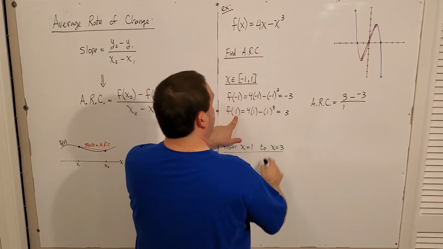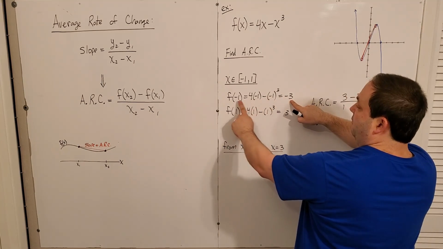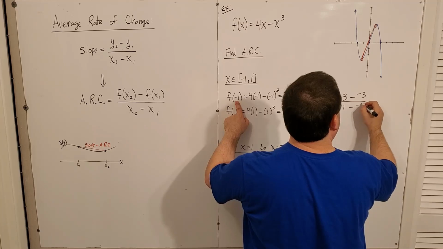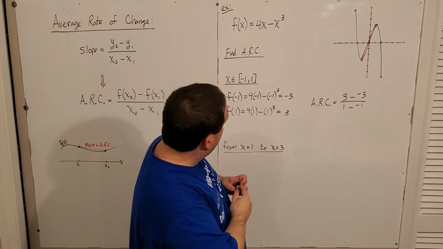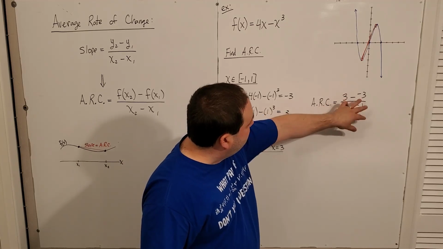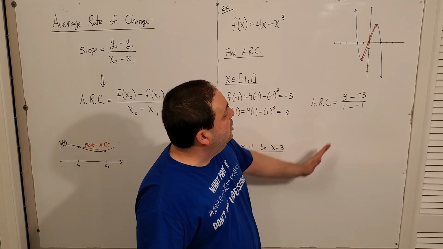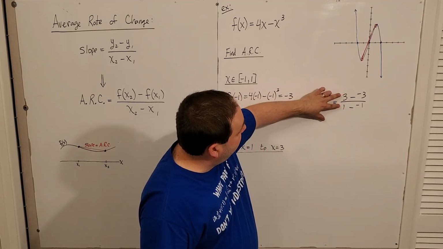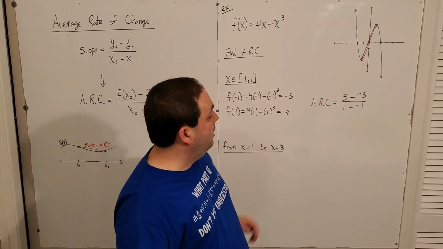So 1, and then x1, right? With the -3 went -1, minus -1. So all I'm saying is you got to be a little careful here when you're doing these. You actually could reverse them, you know, by accident or whatever, as long as you keep them together, right? This y went with this x, this y went with this x, and it'll be all right.